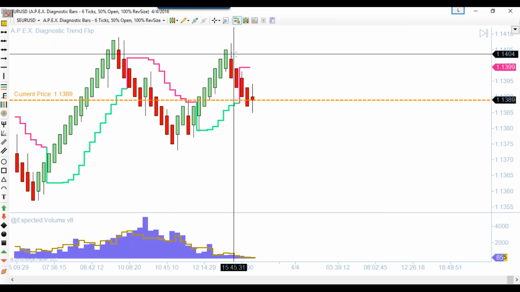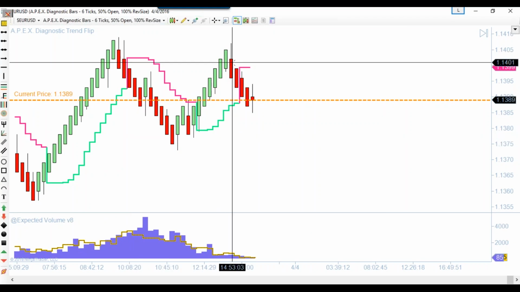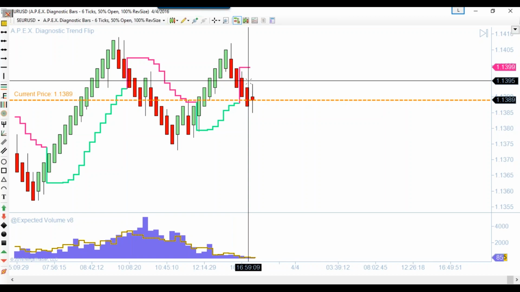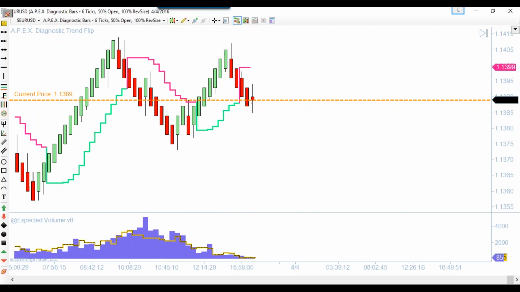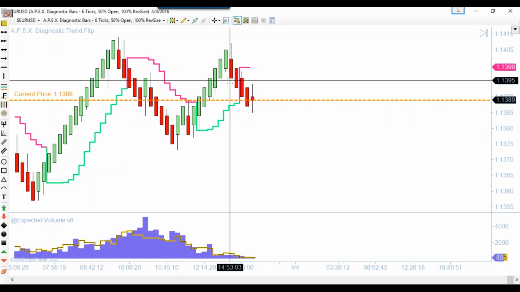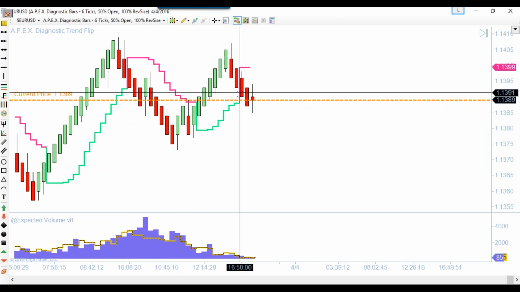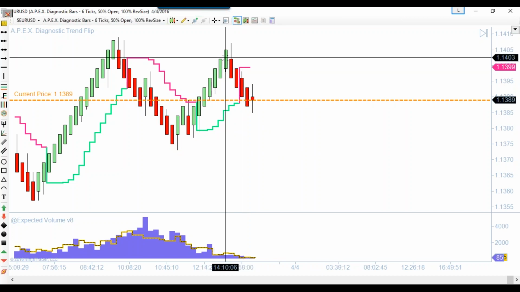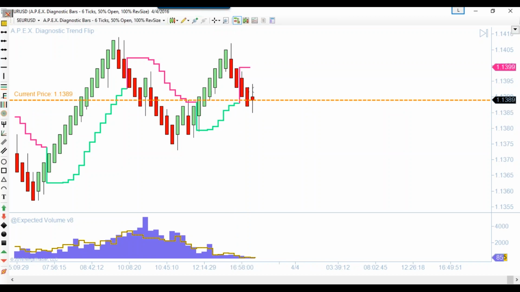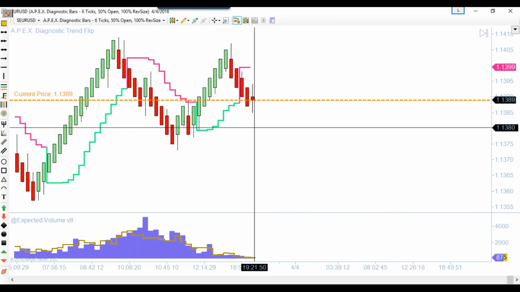Now, look at this first red bar here and look at the timestamp on the bottom: 1453, 1545, 1600, 1900. Kind of a slower moving market here, right? So let's say when this flipped, saying the market's going short, I can see that this is a pretty slow moving market, over a few hours of time.